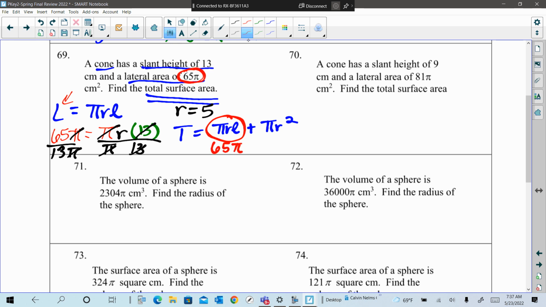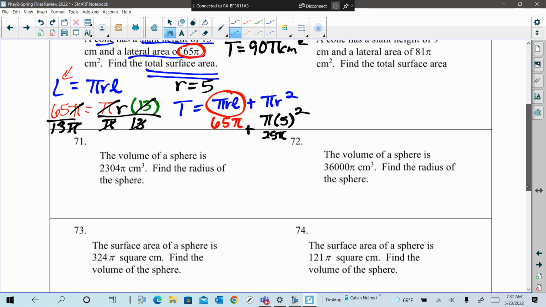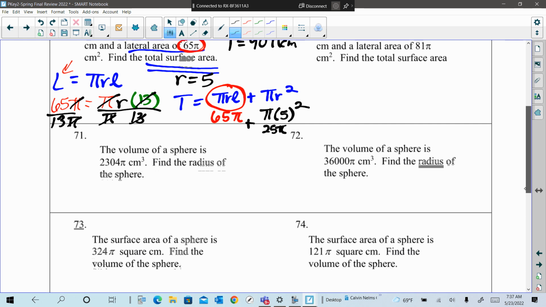But now I need to find the area of the base using my radius, which is pi times 5 squared. Comes out to be 25 pi. So the total is adding these together, and that would be 90 pi centimeters squared. So in order to find the missing part, you're going to have to plug it into the formula and work backwards. So 70 is like this problem.